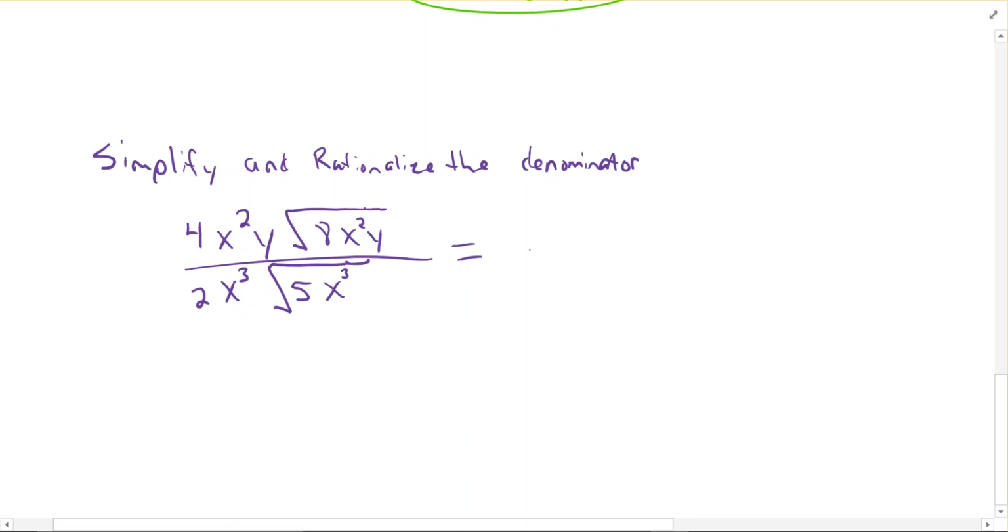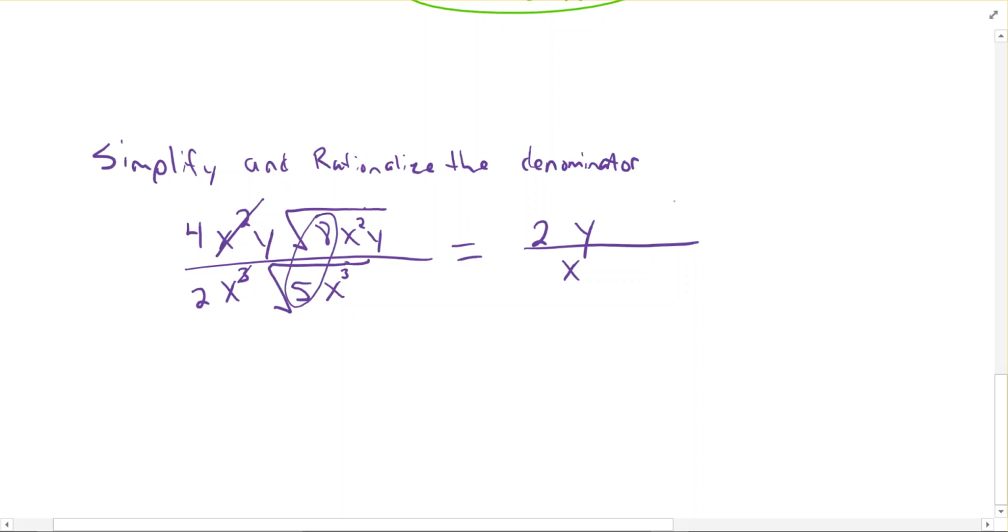4 and 2 simplify to just 2 up top. That x squared next to the 3 in the bottom, 2 of the x's up top are going to cancel with 2 of the x's in the bottom, leaving just x on the bottom. You can leave that down there if you want. Y is just still up there on its own. And now this part here, 8 and 5 doesn't really simplify anymore.